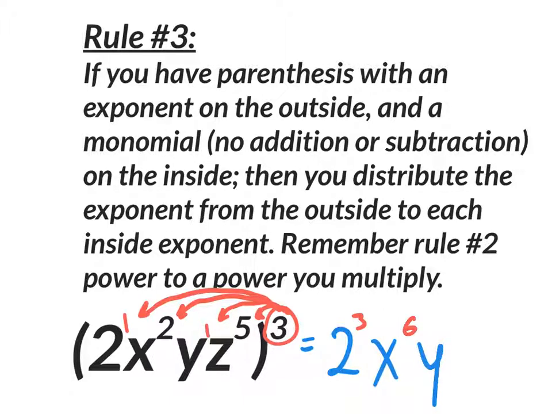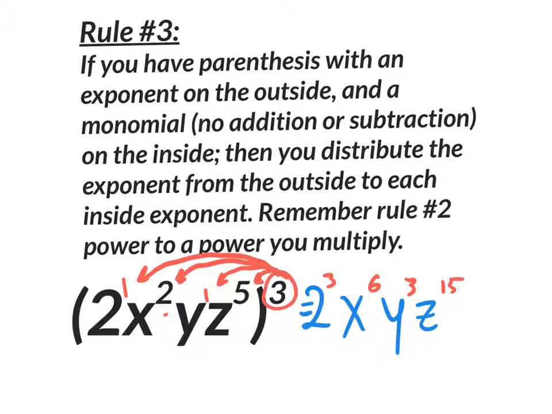Y to the what? Y to the 3rd power. Okay? And then z to the what? Z to the 15th power. Great. So we simply took that 3 and distributed it to each and every one on the inside. And of course the final answer would be 2 to the 3rd, that's 8. And then x to the 6th, y to the 3rd, z to the 15th. That's the final simplified answer on rule number 3.